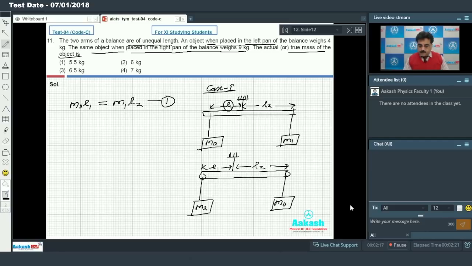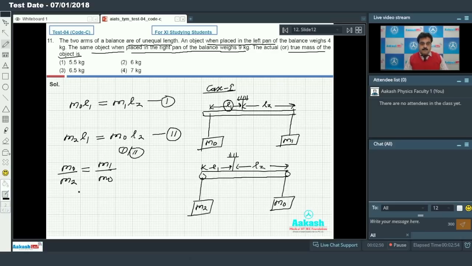Similarly, in case number 2, we'll write m2 L1 equals m0 L2, and this is my equation number 2. So if I divide equation 1 by 2, L1 and L1 will cancel out, and I have m0 upon m2 equals m1 upon m0.